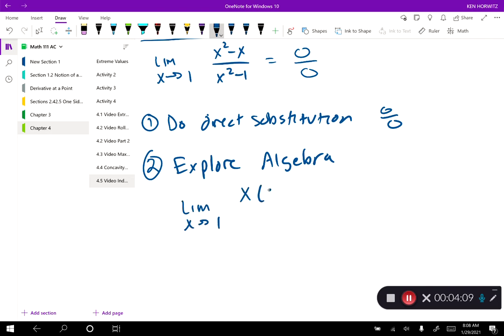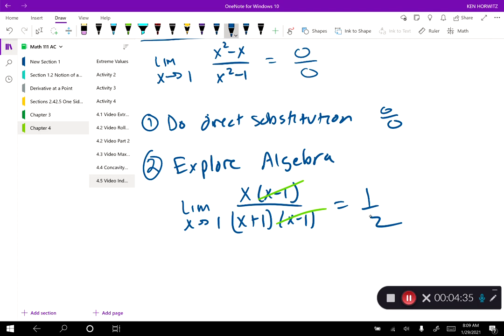So I get x times x minus 1 over x plus 1, x minus 1. And looky here, we can cancel. And then if I plug in again, I get 1/2. So we now know what the answer should be.